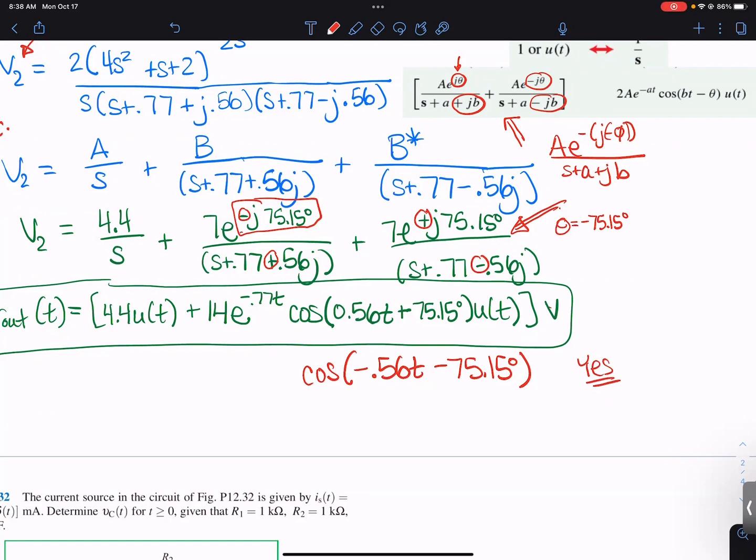Those would be the same. So if you remember, cosine of negative t is the same as negative cosine of t.